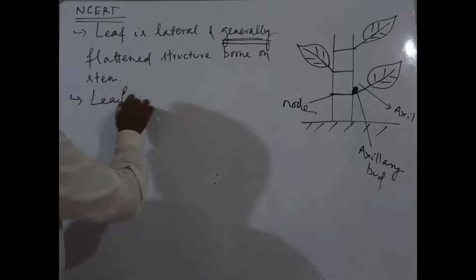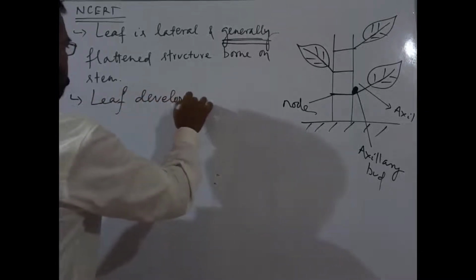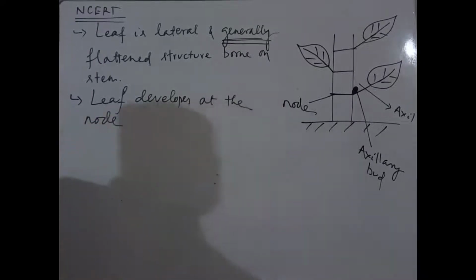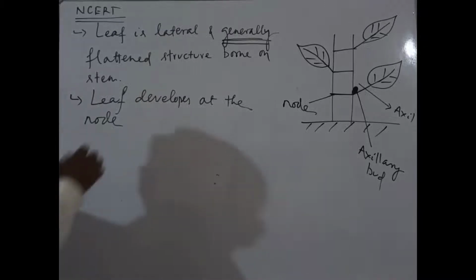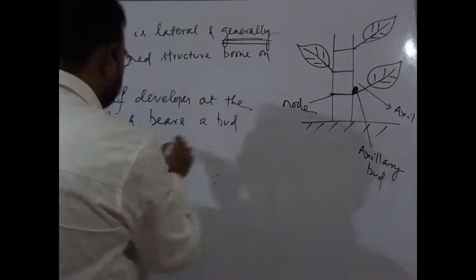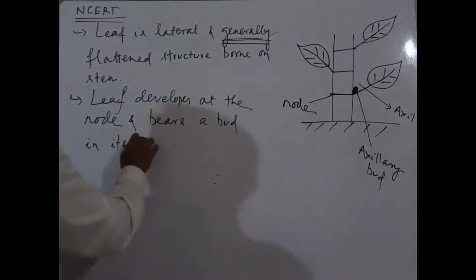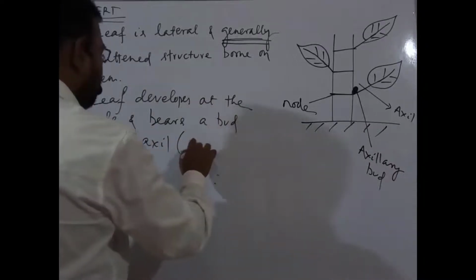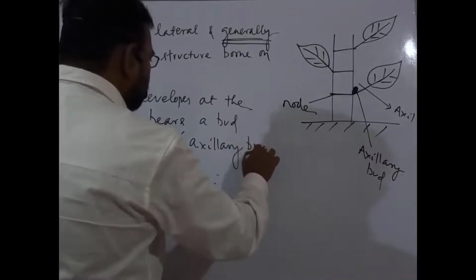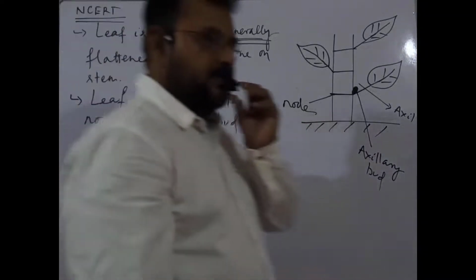So leaf develops at the node and bears a bud that is called axillary bud, a bud in its axil. As per its position, the bud is present in the axil.